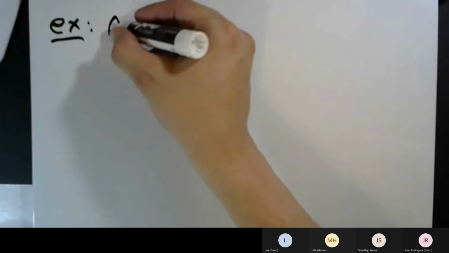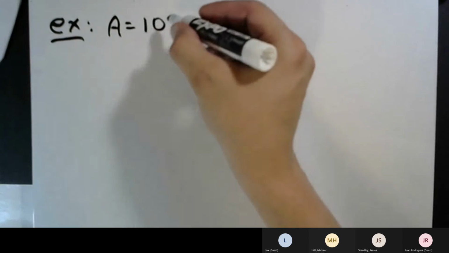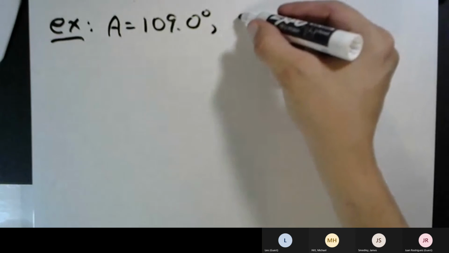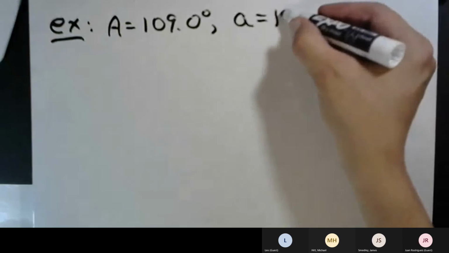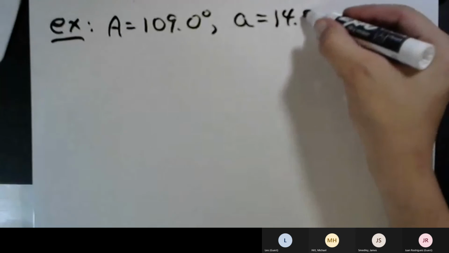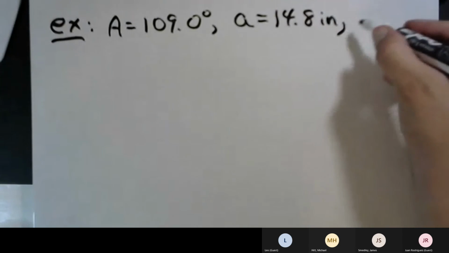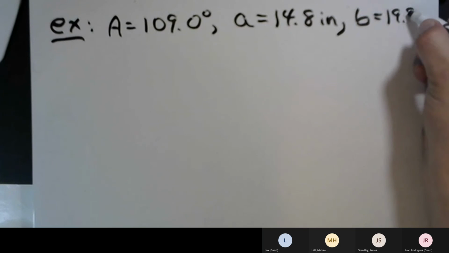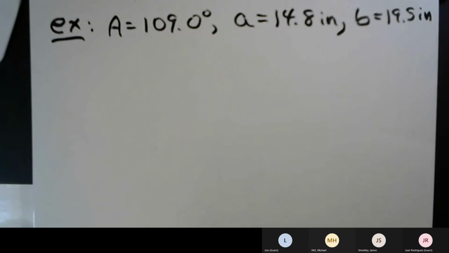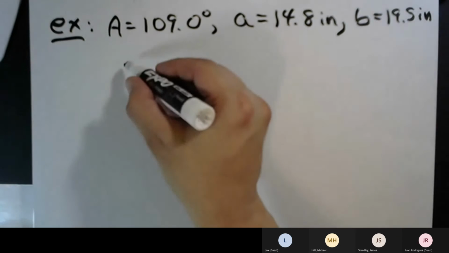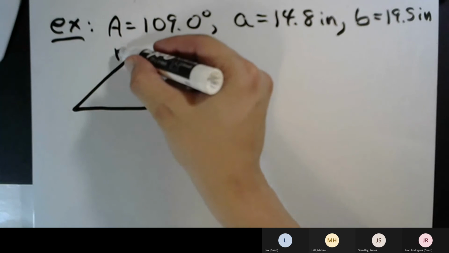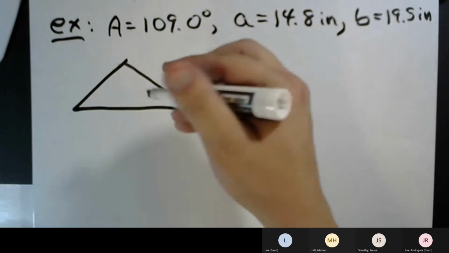Now, let's say we have an angle that's opposite one of the sides. So angle A is opposite side A. And we're given a second side. So if we try to draw this triangle, and again, we actually don't know what this looks like.